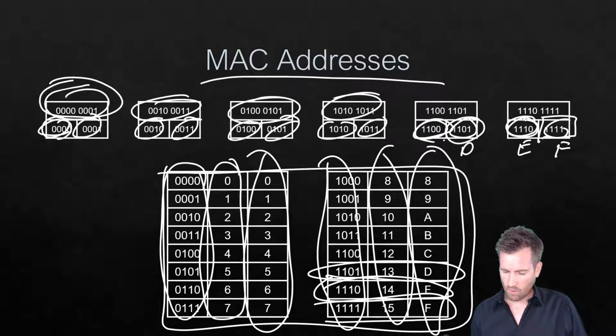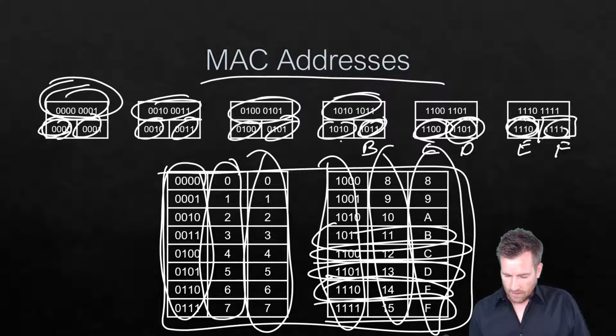Then I've got 1100. I look that up in my table and that's a C. And I can continue to translate this. You probably see a pattern that's developing here. I've got 1010 and that's an A. I've got 0101.